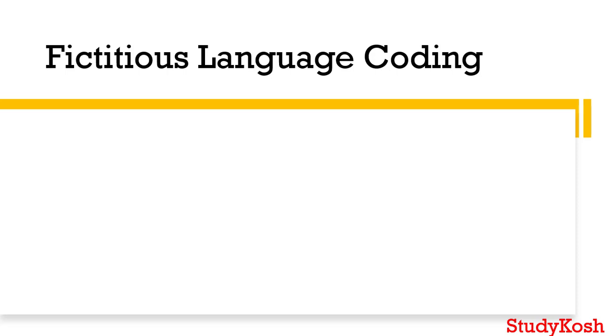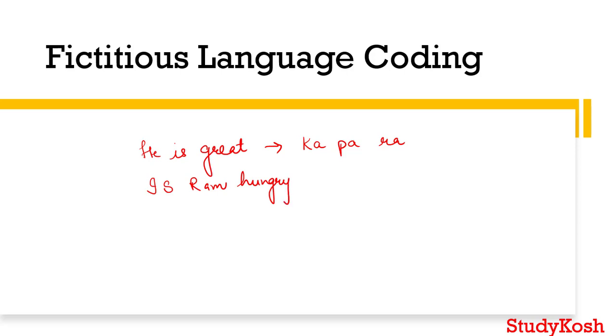For example, if he is great is written as, let's say, ka, ka, ra. This is the code of he is great. And next, Ram is hungry is written as na, sa, ka.